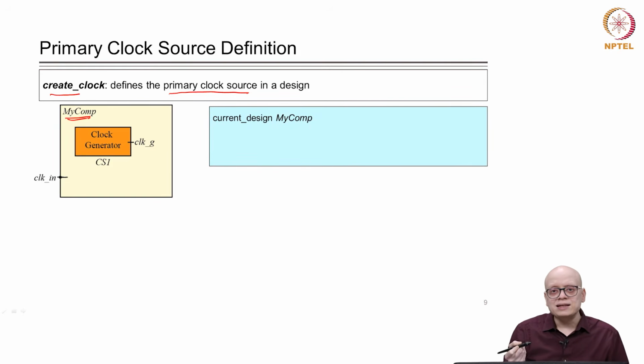Before writing the SDC file, typically, if we want to specifically mention the name of the design, then we can write current_design and the name of our design, so mycomp in this case.